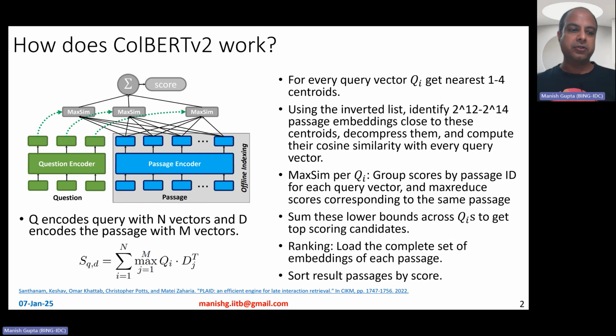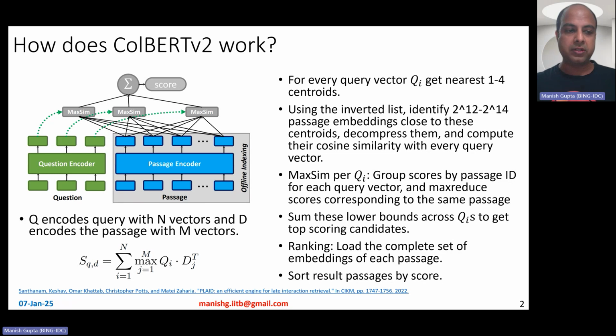And then for each of those centroids, you actually also maintain an inverted index or an inverted list, which basically maps those centroids to the passage embedding token IDs, right? So you basically retrieve those token IDs, quite a lot of them, 2 raised to 12, 2 raised to 14 such token IDs. And once you have figured those out, you essentially try to get their embeddings.